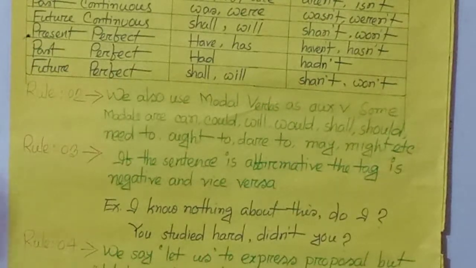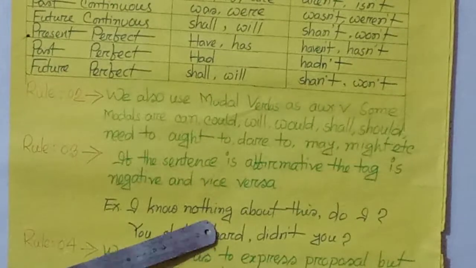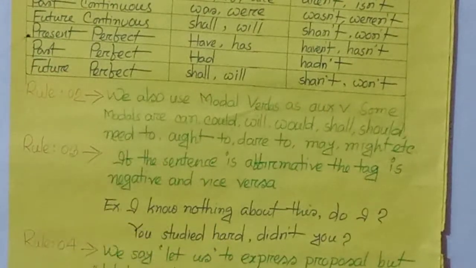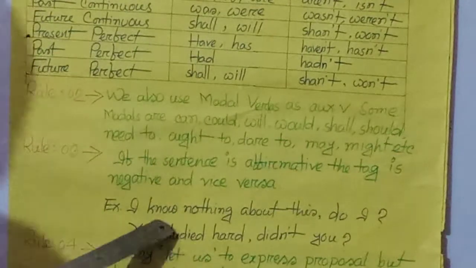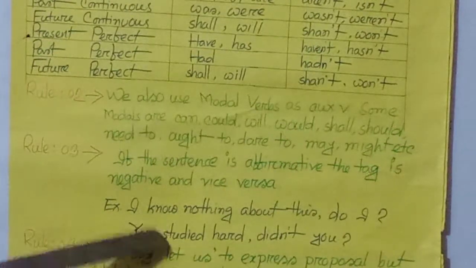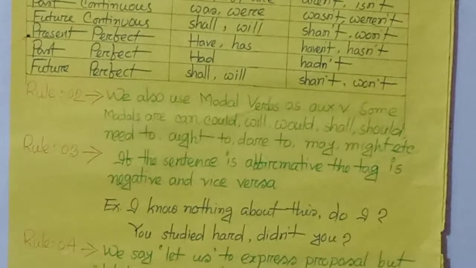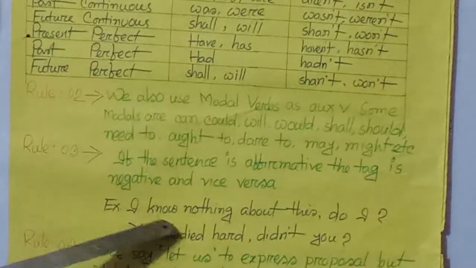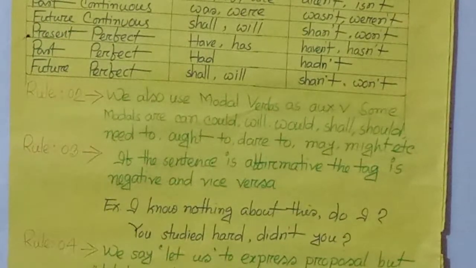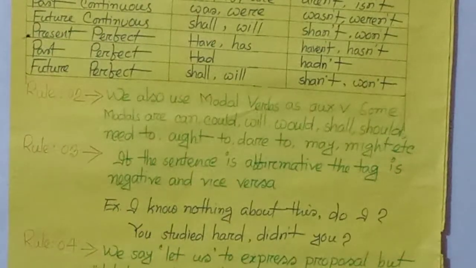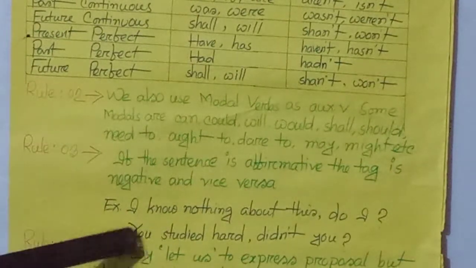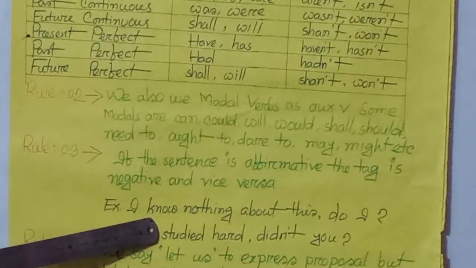So why do I say this is present, not past? Because of the verb know. If the sentence was in past tense, we would use knew here. So we may say this is in present tense.